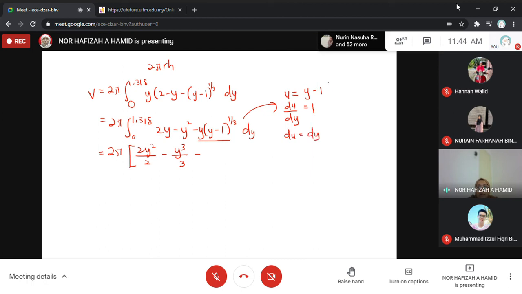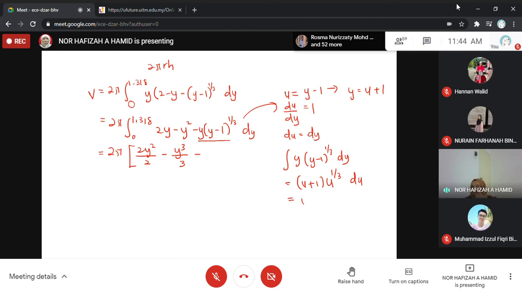From the first, you will get y is equal to u plus 1. So we integrate y times (y minus 1) to the power 1 over 3 dy. So equal to y is u plus 1, and this one is u to the power 1 over 3, and dy is du.